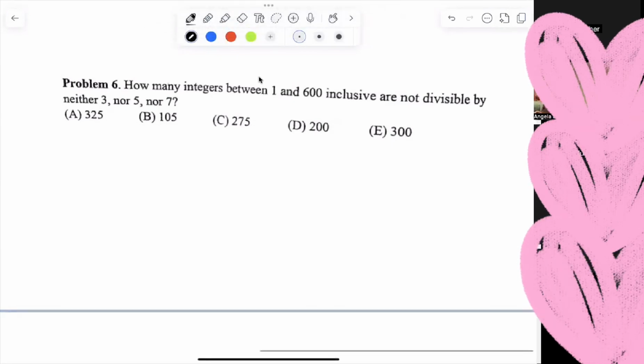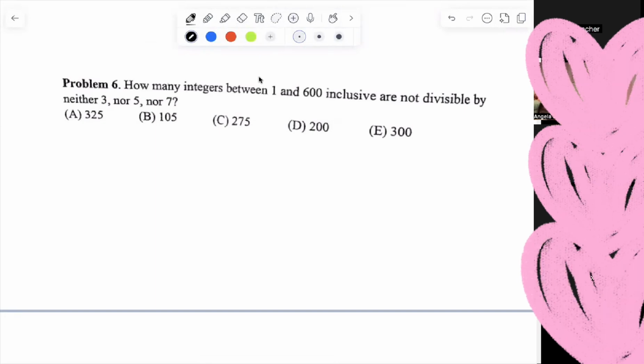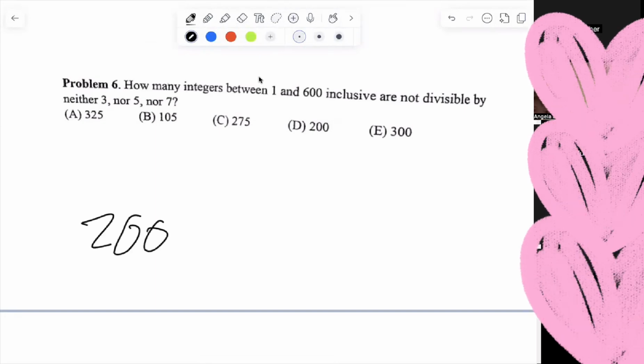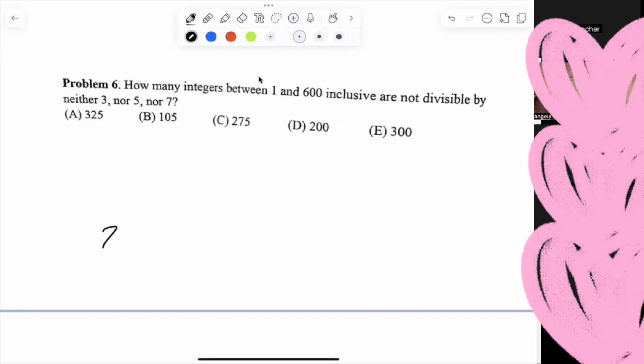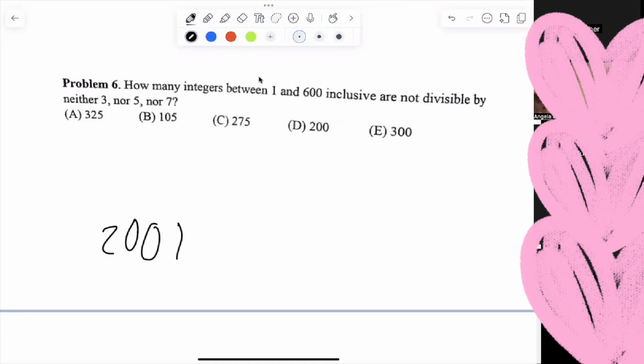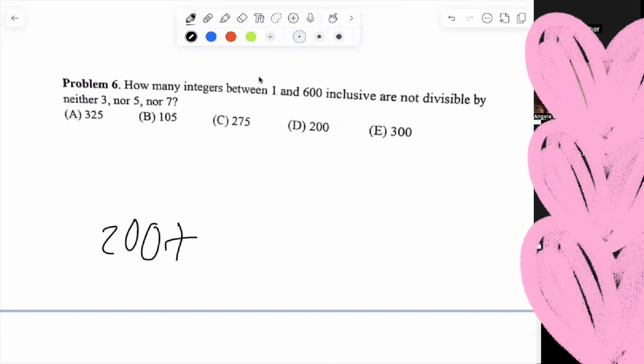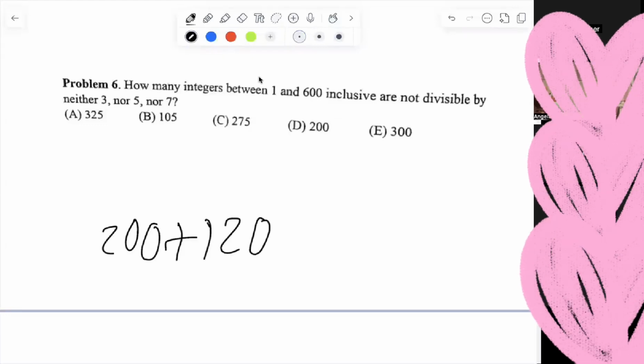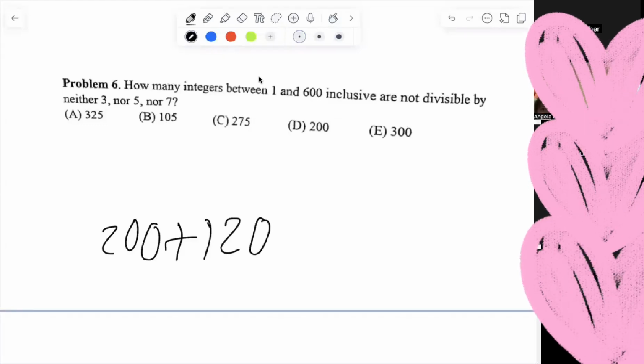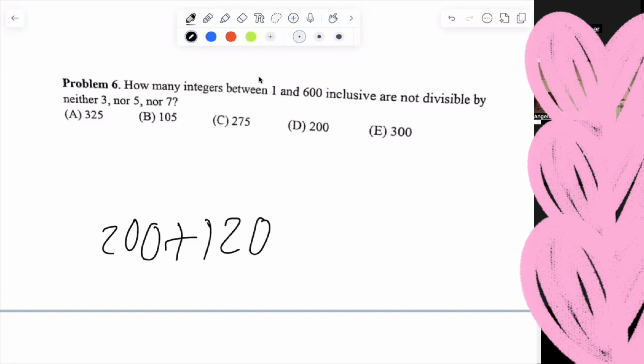Start off. How many are divisible by 3? There's 200, because 600 divided by 3 is 200. Plus, how many are divisible by 5? Well, there's 120. Now, how many are divisible by 7?